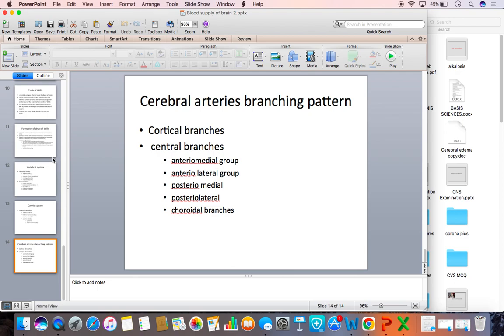It is glucose that provides energy to the brain. Brain is around 2% of the body weight and it receives more than 20% of the cardiac output. The oxygen consumption of the brain is more than 20% of the total oxygen consumed by the body.